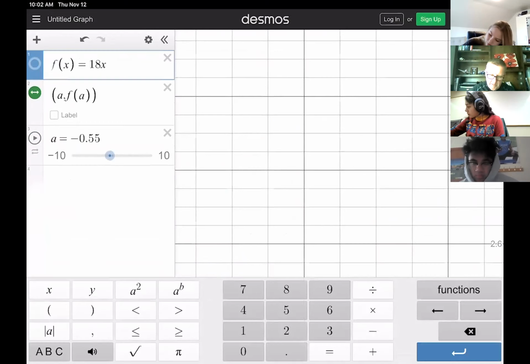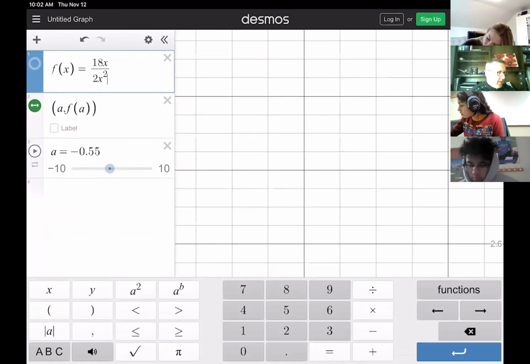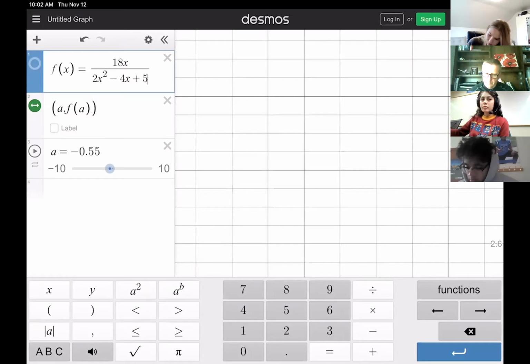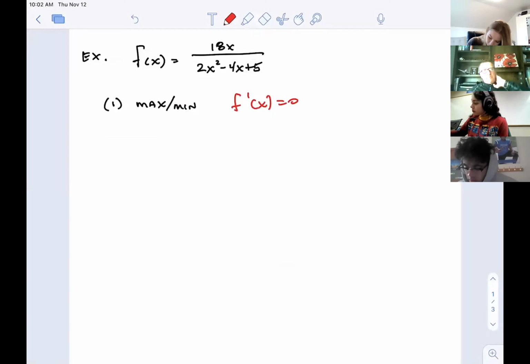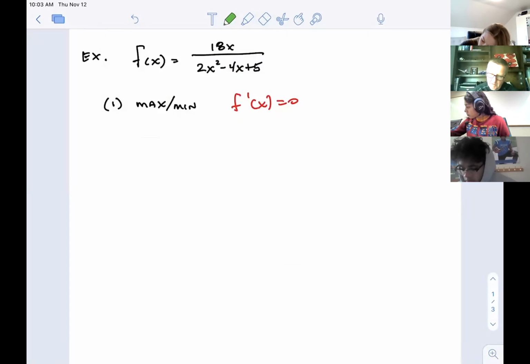So 18x divided by 2x squared minus 4x plus 5. So you should be thinking quotient rule.